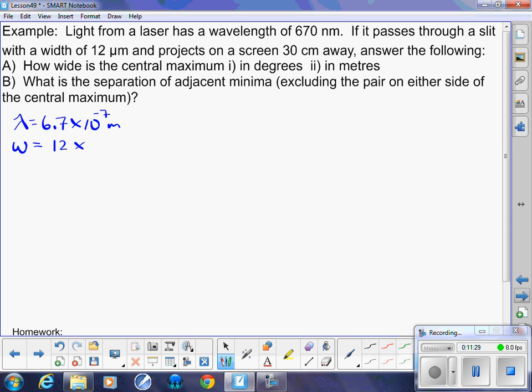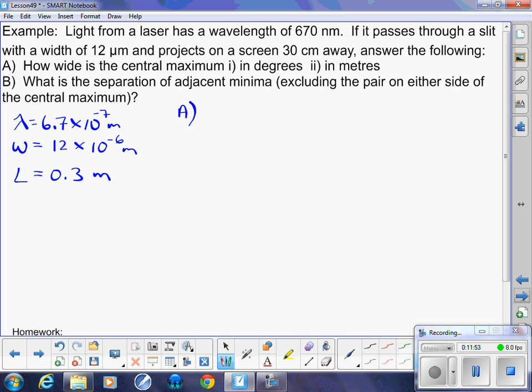It's just take the number given times 10 to the negative 6 meters. Always works that way. And it projects on a screen 30 centimeters away. So we know capital L. L is the distance from the slit to the screen. All right. So A part, how wide is the central maxima in degrees and then in meters?